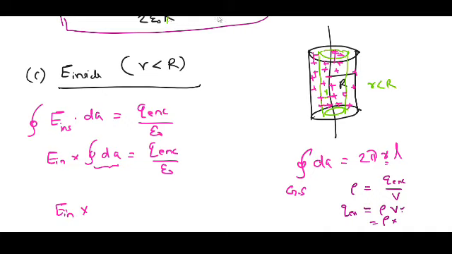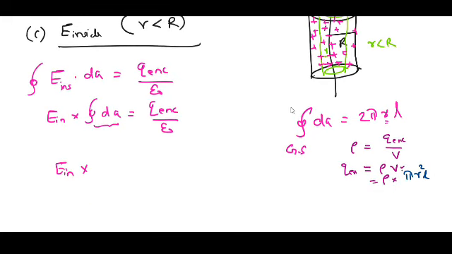Now we need to consider this Gaussian cylinder whose radius is small r. Therefore, while substituting the expression for the volume, we have to write pi small r square length L, because the length of the Gaussian surface and the actual solid cylinder both have the same length.